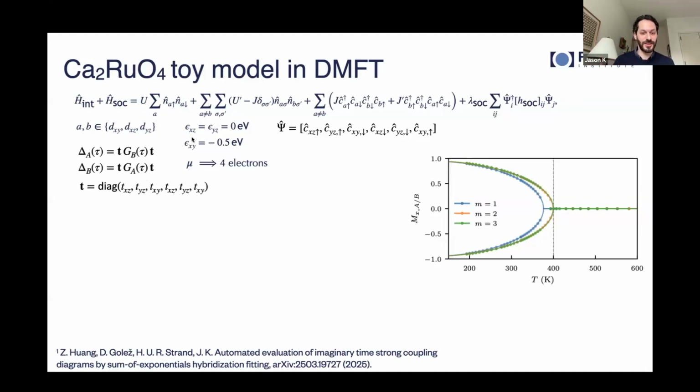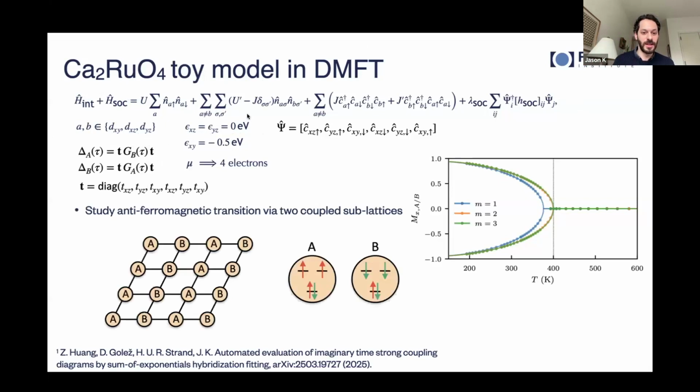I'm not going to talk too much about the physics because it's not my forte. Just some key points. This is a 3-band model with spin-orbit coupling. We're taking a very simple expression for the hybridization for the DMFT self-consistency. This is just the Bethe lattice self-consistency. We could do something more realistic.